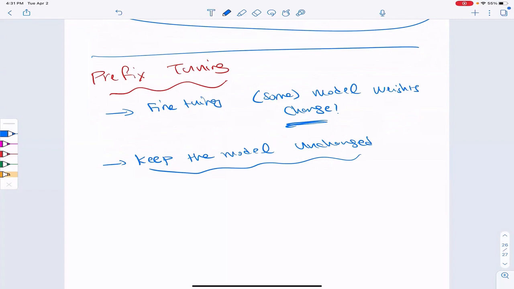The input. Right? So the idea is to add some dummy vectors to the input in order to perhaps capture information about the data set that you have, and you want your model to be tailored to that particular data set. So here's the idea.